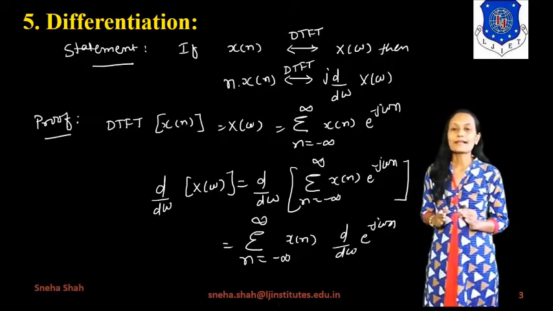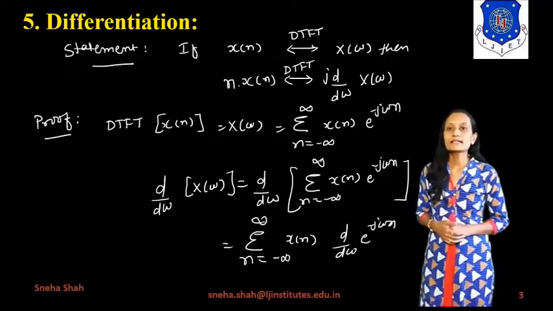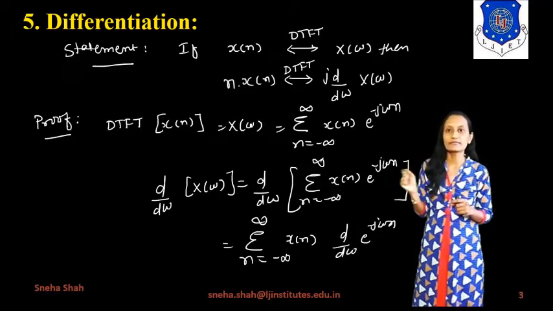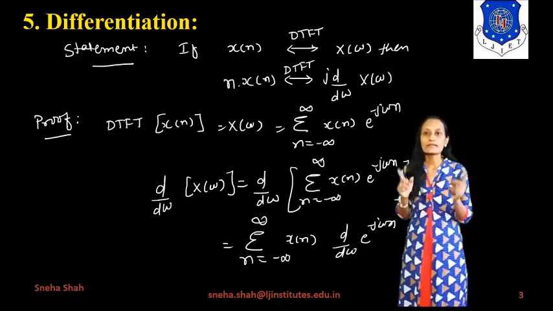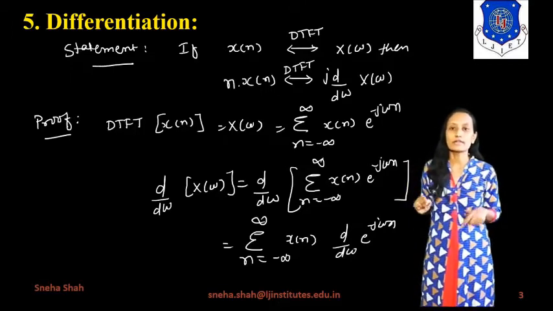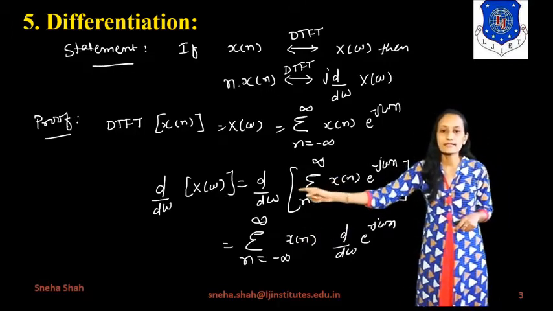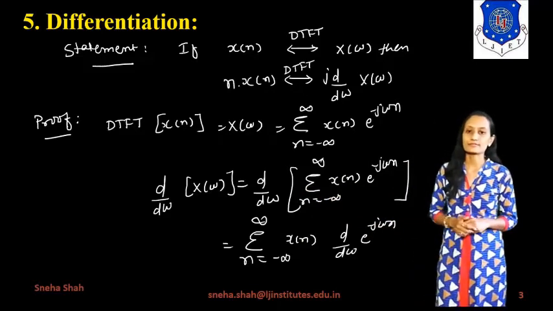Now here we will apply the next rule. Suppose there is a summation and a differentiation, then we can rearrange the order of them. So the summation goes first and the differentiation comes at the last position.